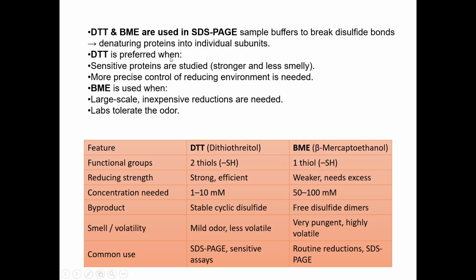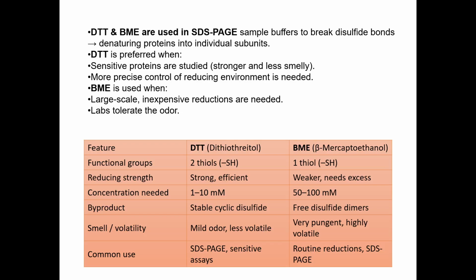So DTT is preferred when you are working with sensitive proteins and you need a stronger agent, and it gives more precise control during the reducing environment, and it is also less smelly than BME.